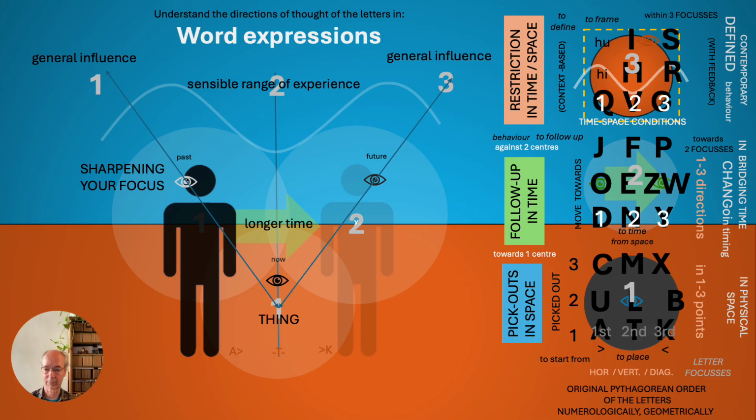Not everything is sharpened, so we still have to have a reflection of going to sharpen our vision or losing our vision. Going to sharpen our vision towards T is A, and losing our vision from T is K. And that's already the foundation of where we start from.